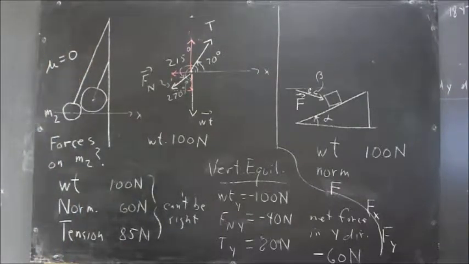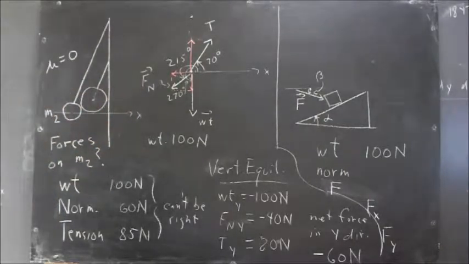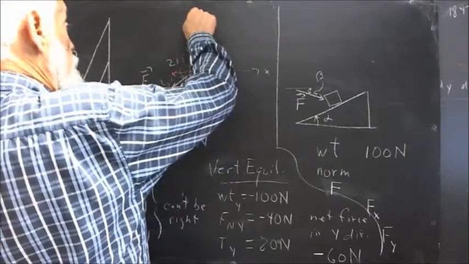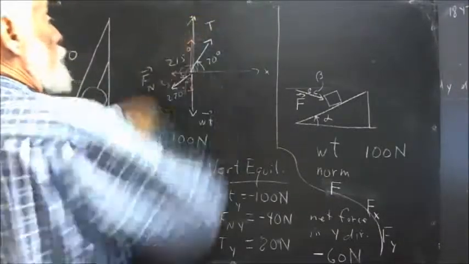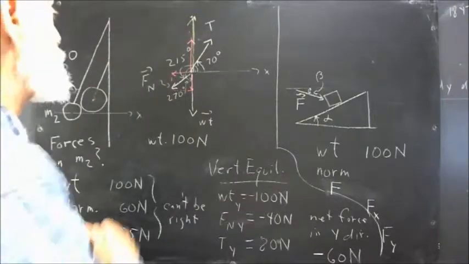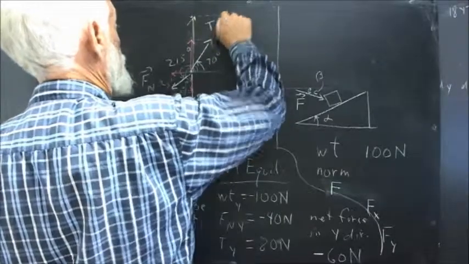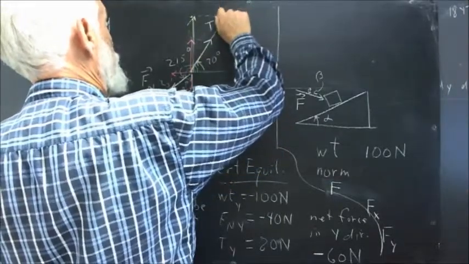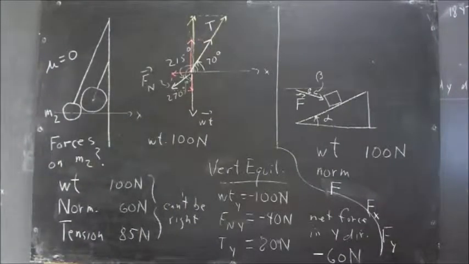And I can draw that with a different color, and that color doesn't contrast as well. So really the y component of the tension would have to be here, which means, of course, that the tension vector would have to come all the way up to here. So superseding the previous tension vector, we get a correction.